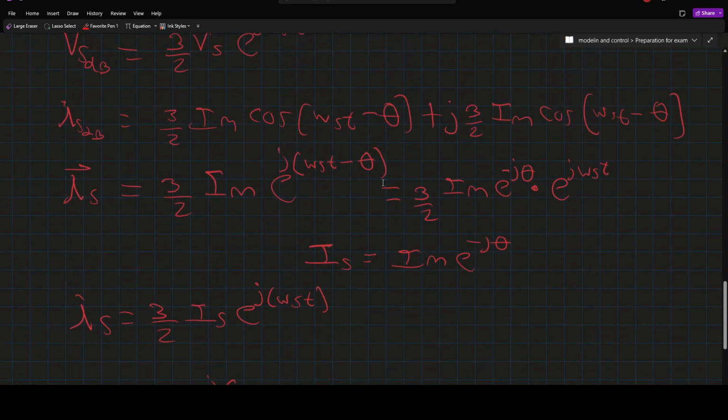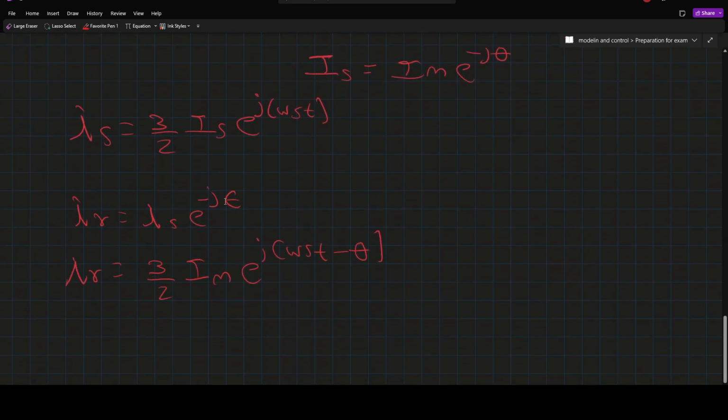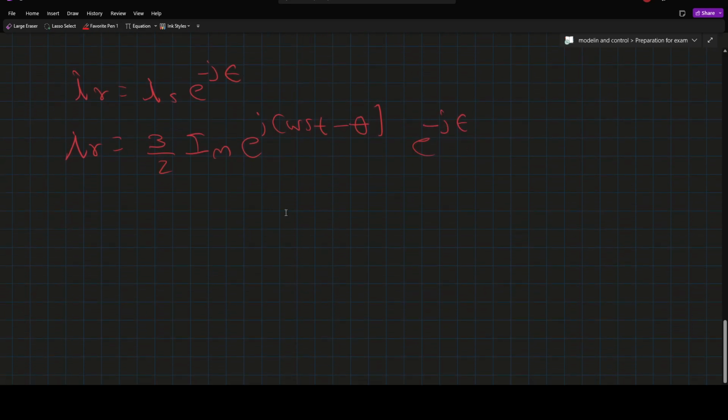That's what we had here before for is. And we multiply this by our angle minus j epsilon. So we are going to have that our Ir is equal to 3 halves. And again, we are going to say that capital Ir is equal to Im multiplying e to the minus j theta.